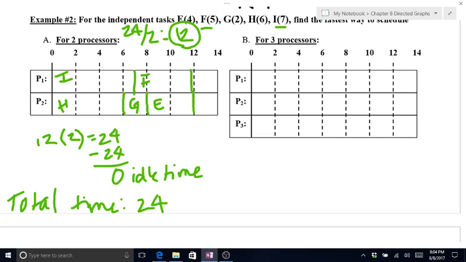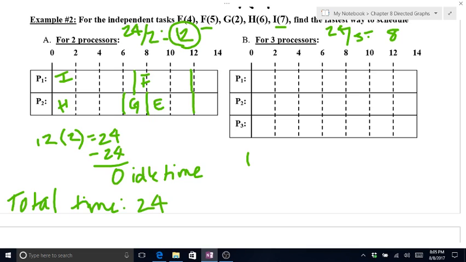3 processors. 24 divided by 3, that's 8. Technically, we should have no idle time here either. Let's see what happens, right?